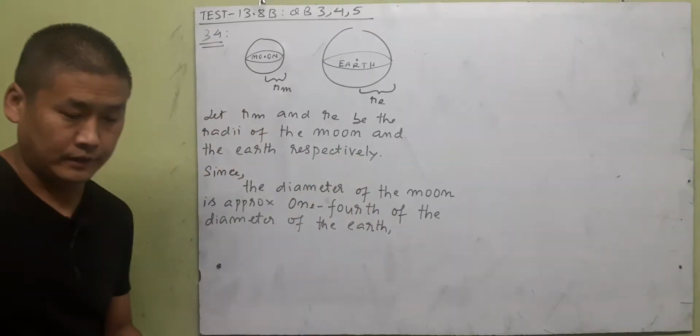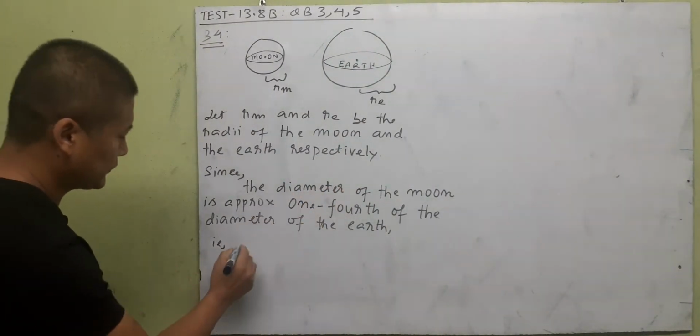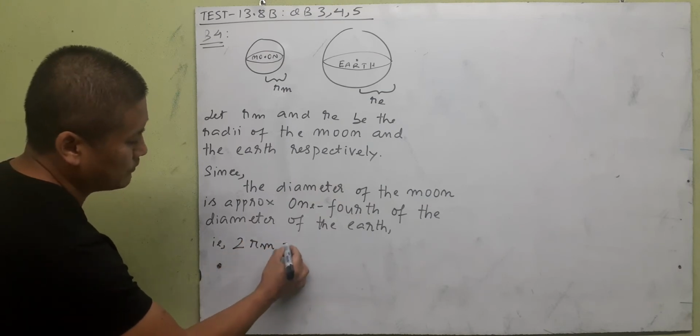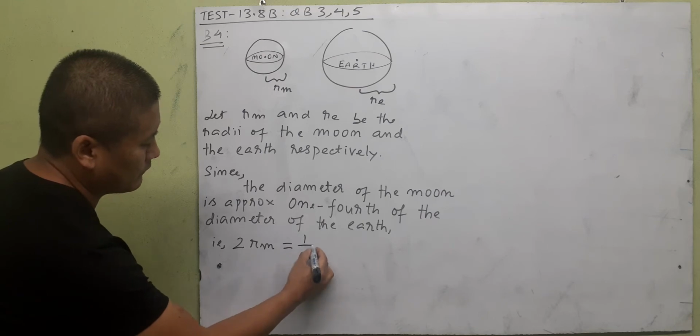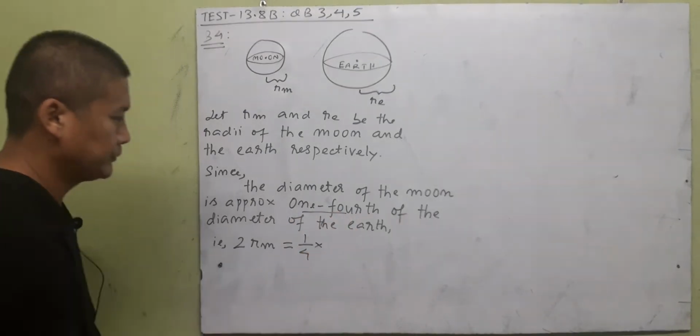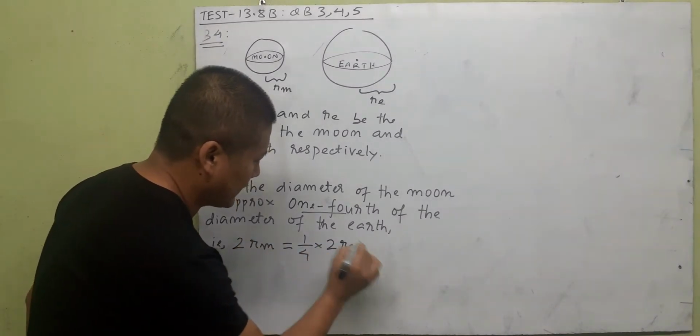This is given to us clearly. What does that mean? That simply means the diameter of the moon, which is 2 times its radius, 2 times Rm, is equal to 1/4. 1/4 means 1 divided by 4. Of means into. The diameter of earth is twice its radius, Re.